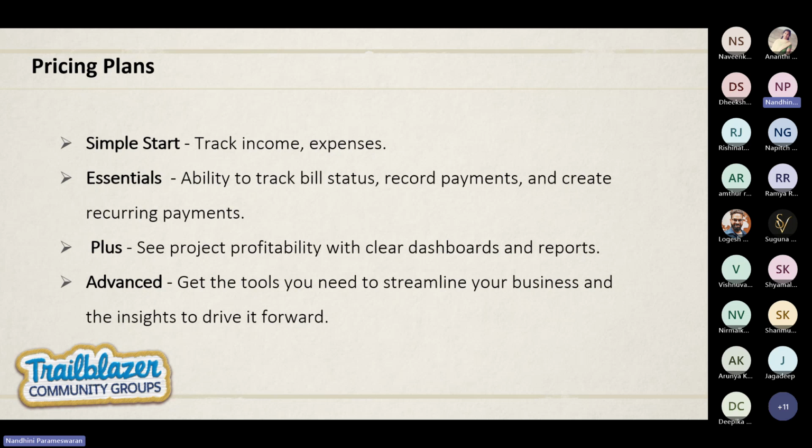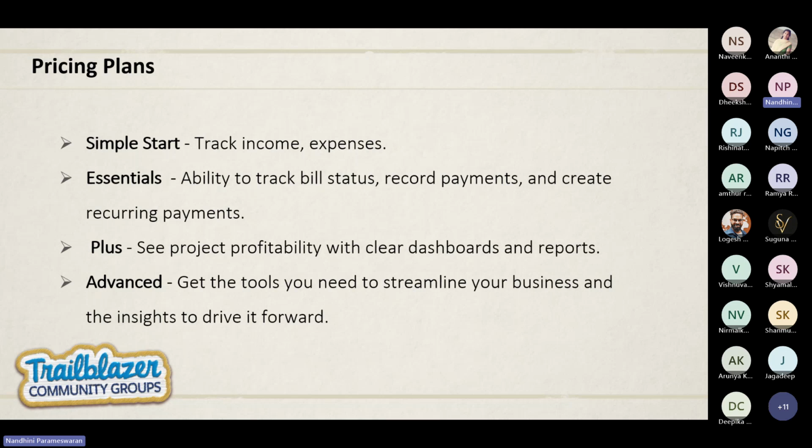By using this pricing plan only, we can have the 24/7 phone and chat support. Another thing is that we can integrate DocuSign and HubSpot when we select this advanced level one. So these are the pricing plans.